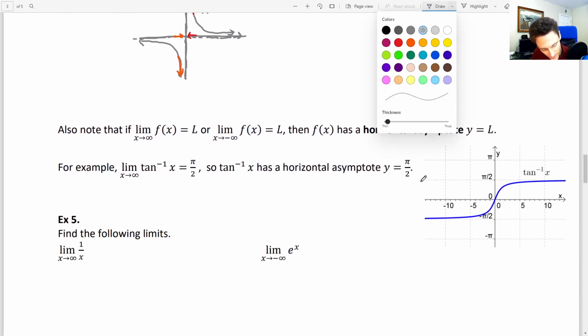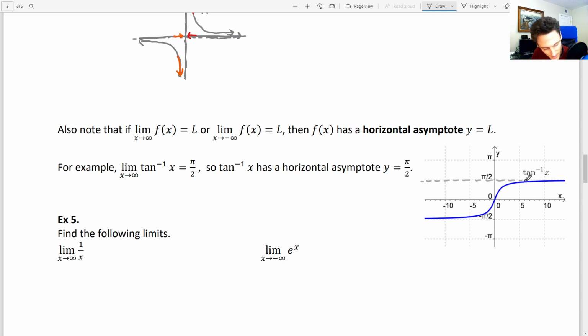Let me draw them here. Negative pi over 2 and pi over 2. And the whole graph just swivels about the y equals x line to get the inverse function. That's how you get the inverse functions, is you swivel your graph about the y equals x line.